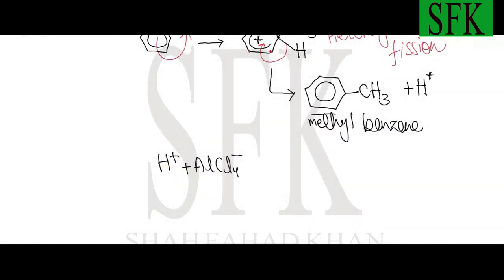It will remove a chlorine atom from the AlCl4 negative, and hence AlCl3 will be left, and HCl will be formed as the byproduct.